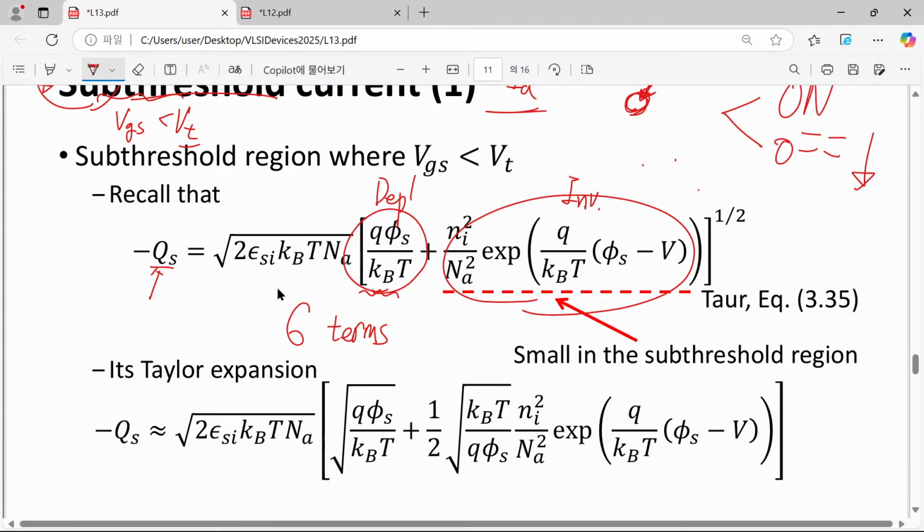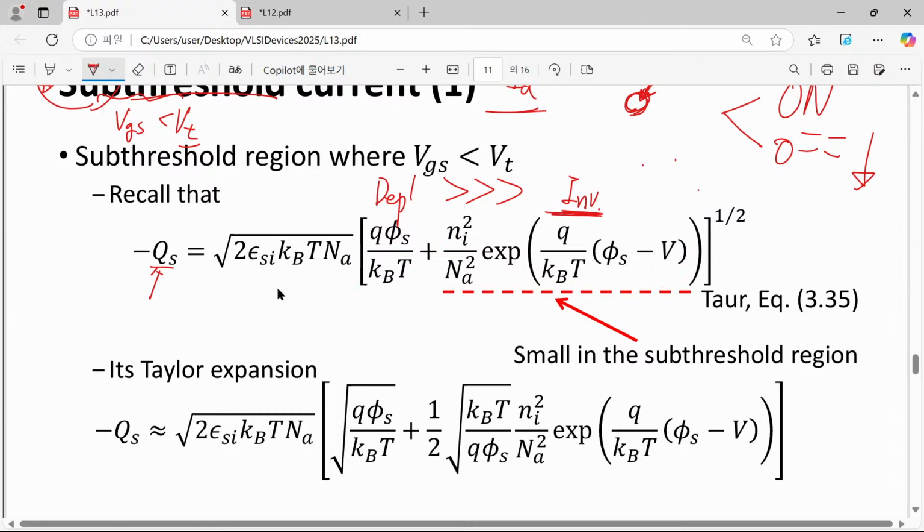In the case of this sub-threshold condition, this second term related with inversion charge is quite low compared with this one. This term has much higher magnitude. Then maybe you can ask me this question: okay, then why don't you just neglect this entire term? There is almost no inversion charge, so neglect it.